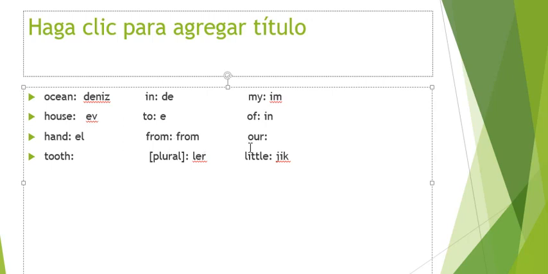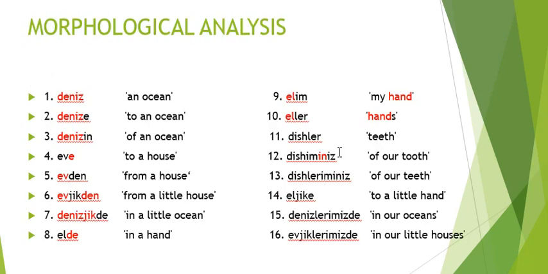Now let's look for the meaning or the structure of the word our in Turkish. So let's look for some expressions that contain that possessive pronoun. Okay, we have 4 expressions here. We have of our tooth, of our teeth, in our oceans, in our little houses.